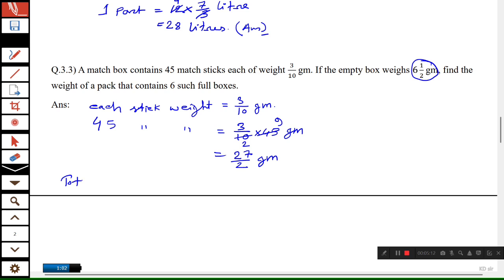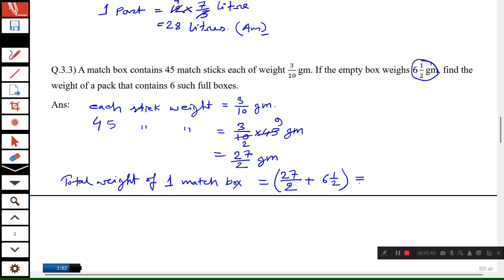So the total weight of one matchbox, one matchbox এর weight হচ্ছে, this is the weight of the total number of sticks with the empty box. This is the total weight.